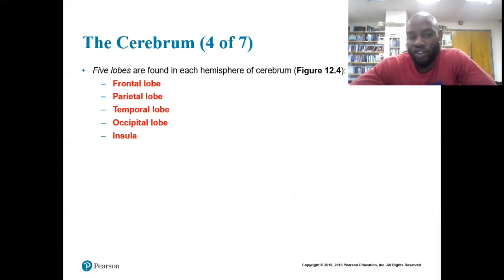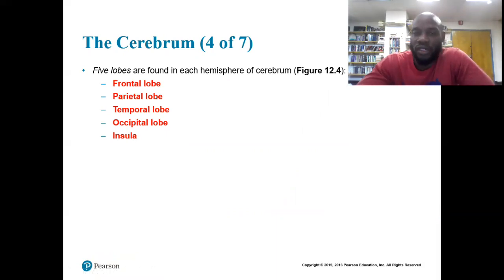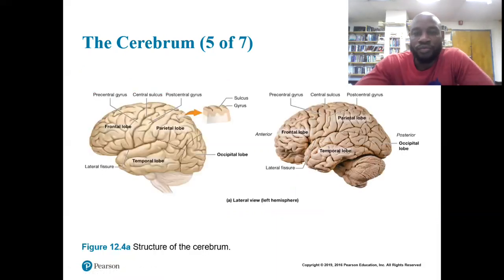Five lobes: frontal, parietal, occipital we just saw. Also towards the side is temporal, and then we have the insula. So this is how we divide the cerebrum: frontal lobe towards the front, or in front of the central sulcus, parietal lobe posterior to the central sulcus. That's how we divide the frontal and the parietal. Temporal is inferior to the lateral fissure.